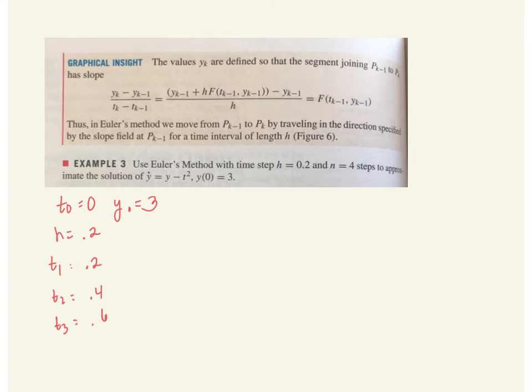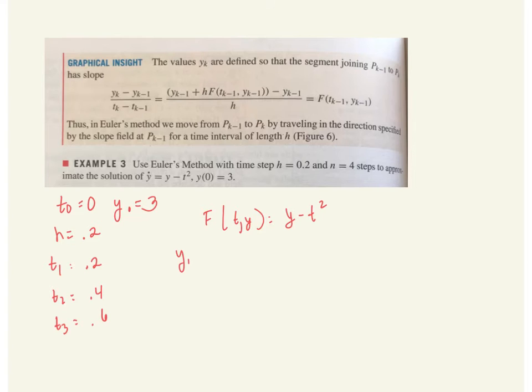If I started with a t sub 0 of 1, then it would be 1.2, 1.4, 1.6, etc. Keeping in mind that f of t comma y is equal to y minus t squared, they're equivalent. Specifically, this y dot is for when we derive with respect to time. It's used very commonly in physics, so many of you are probably even more comfortable with that notation than what we've used here in calculus.